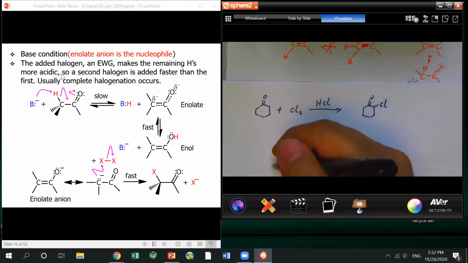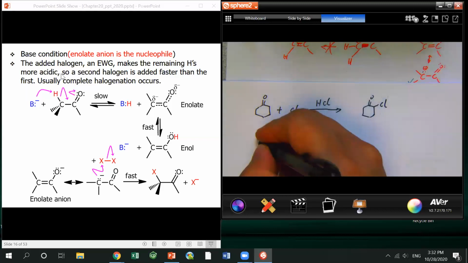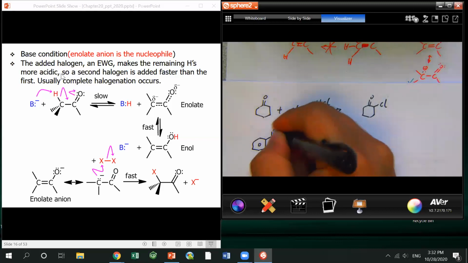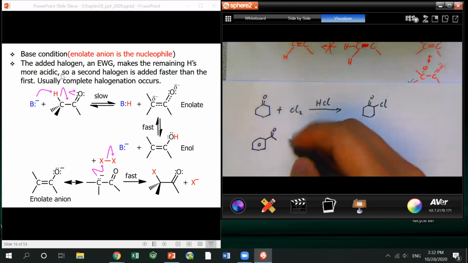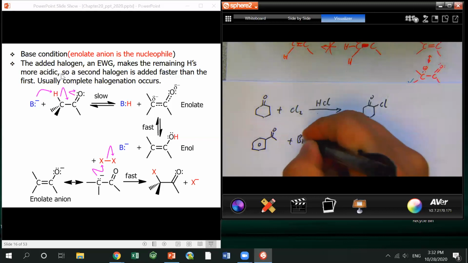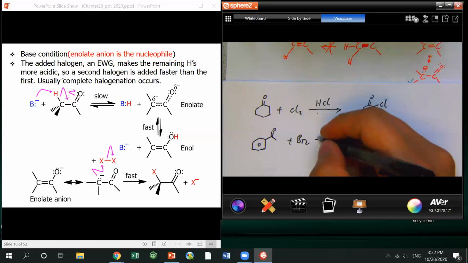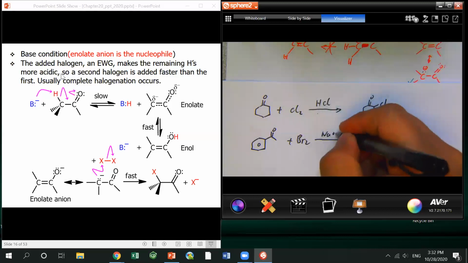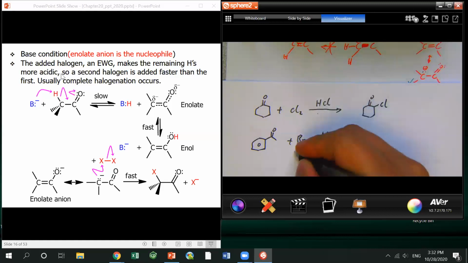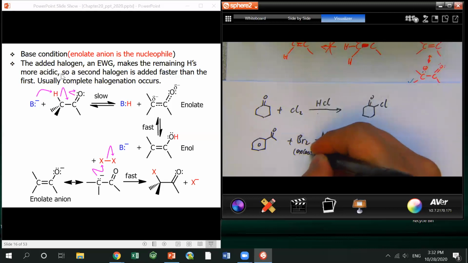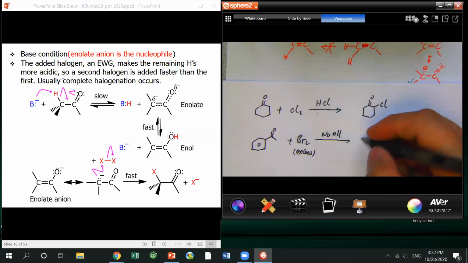Right, and then another one on the basic condition. So that's your methyl group. We have bromine and then sodium hydroxide, excess.